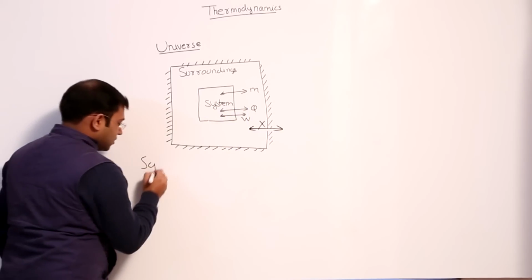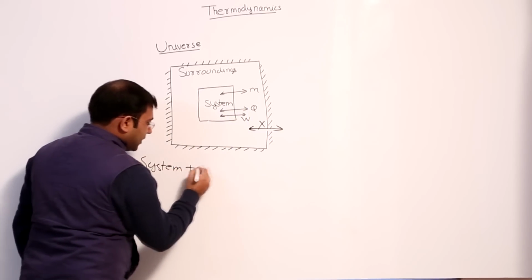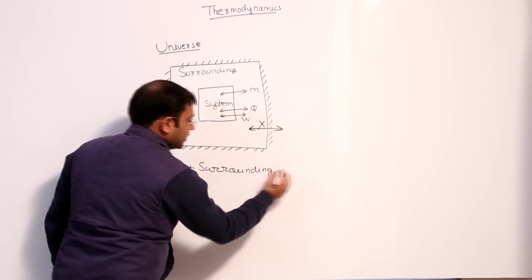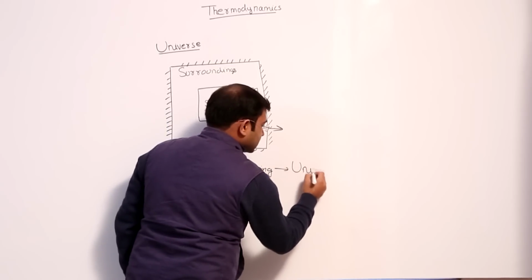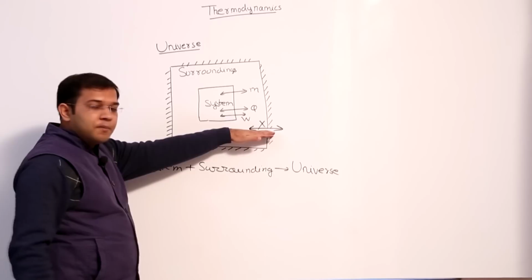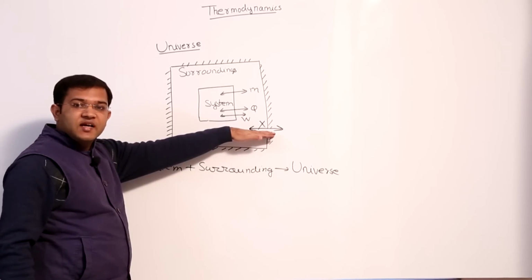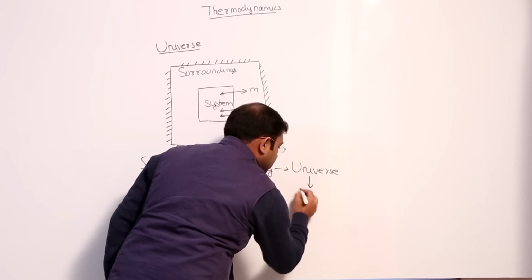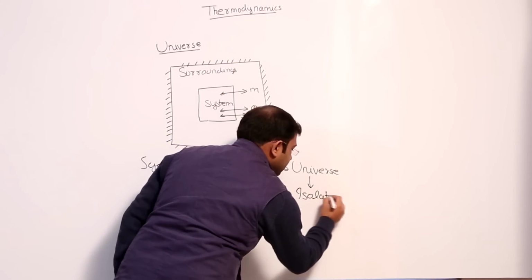And this system plus surrounding is referred to as the universe. Since there is no mass transfer, heat transfer or work transfer across the boundaries of the universe, the universe can be considered as an isolated system.